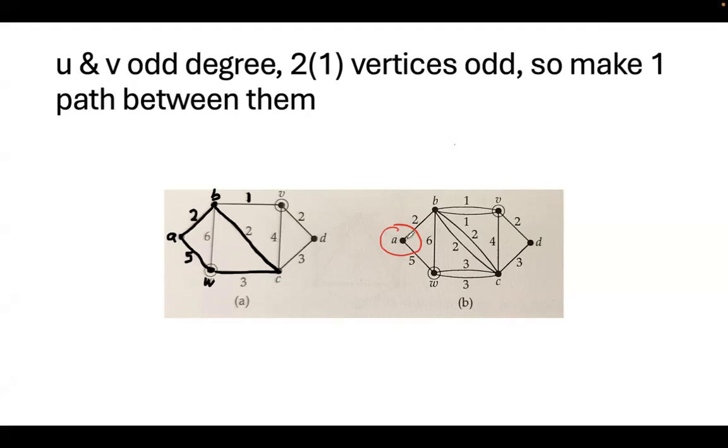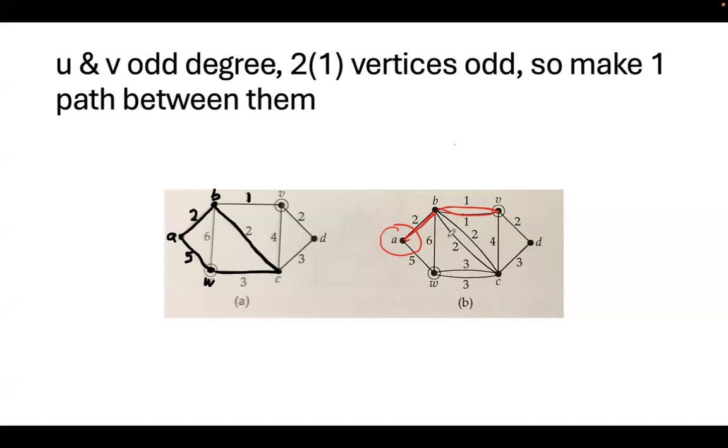And so from here we can maybe choose between 2 or 5. We take 2. And then 6, 2, or 1. We'll take 1. And then maybe 1, 2, or 4, maybe back along 1.